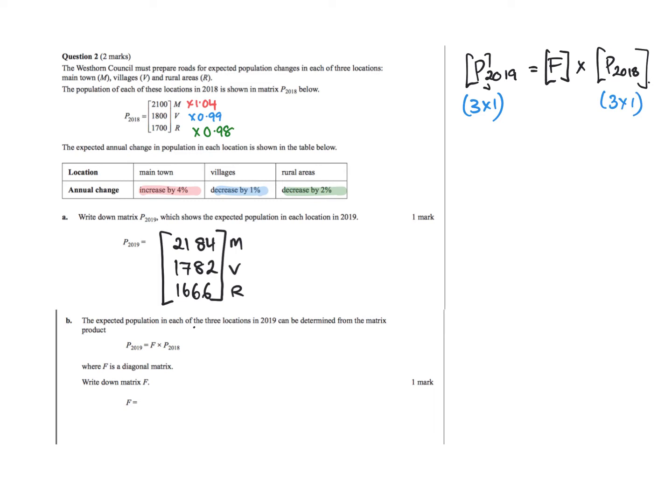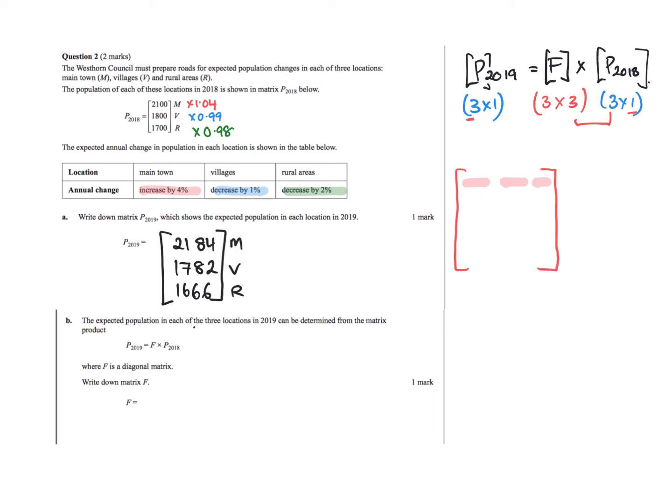So if the multiplication in the first place is possible, F would have had to have a 3 there, and because my answer has a 3, it also has a 3. So you know that your F must be a 3 by 3. So we're going to draw out a 3 by 3 scenario so that we can see what we've got to do.